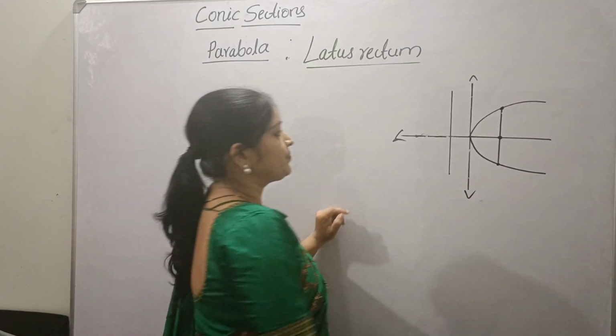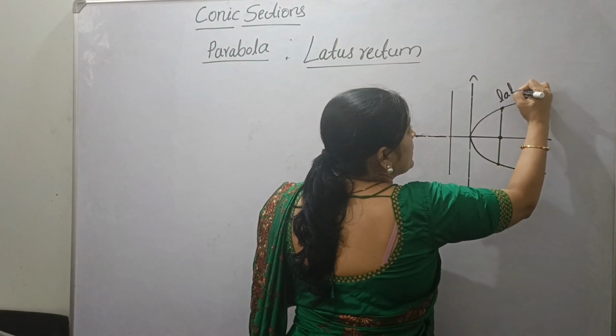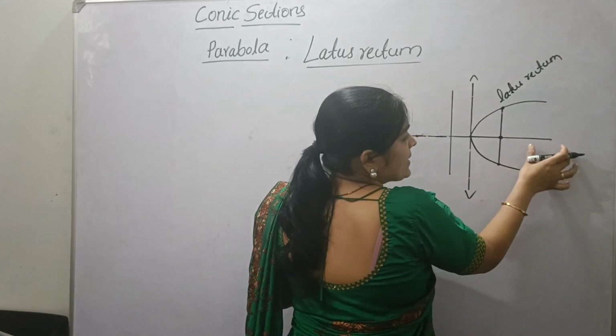So here, this line is called the latus rectum, and it is perpendicular to the axis of the parabola.